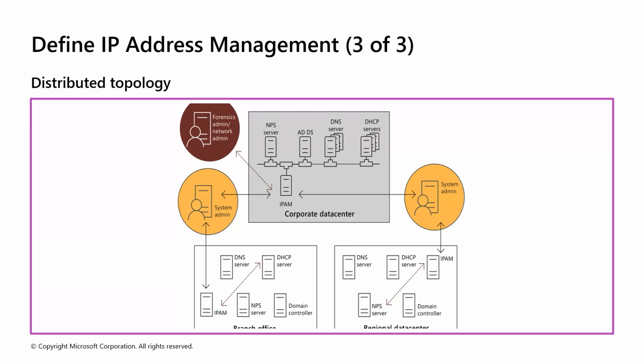The hybrid topology combines elements of both centralized and distributed models, allowing for flexible management based on organizational needs. Regardless of the topology, each IPAM deployment includes an IPAM server and one or more IPAM clients.